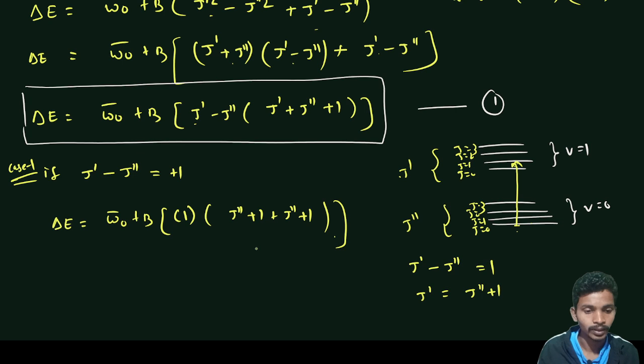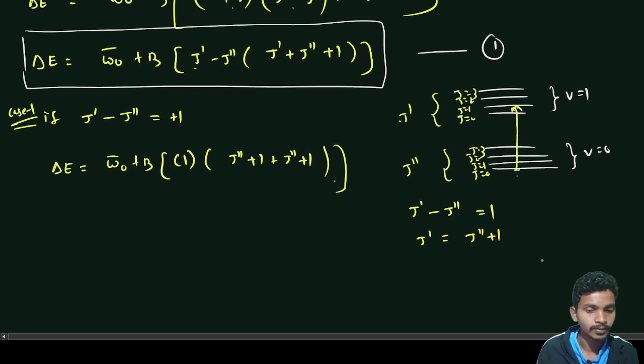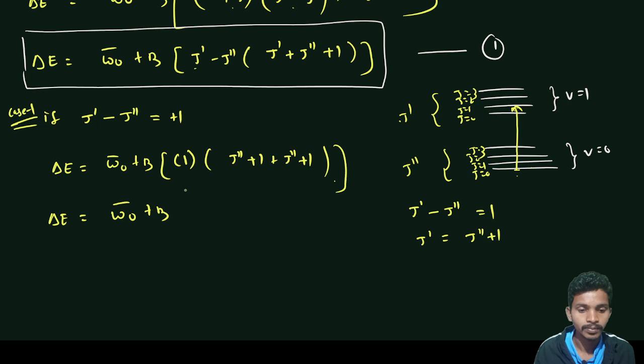I can put it like this. So delta E is equal to what? Omega naught plus B, and this is 2 plus 2 j double dash.